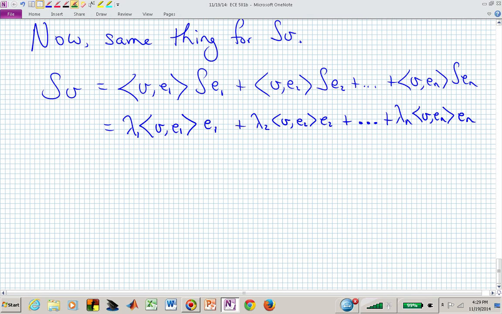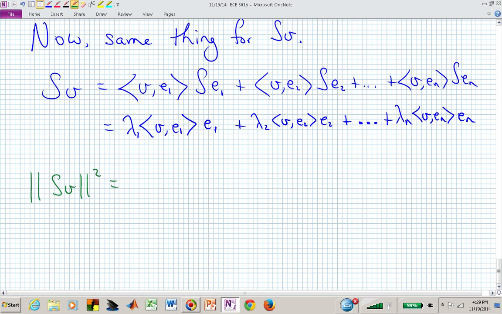If I now take the norm of SV and square it, do you see what it's going to be on the right-hand side? Now my coefficients that are scaling E1, I'm just going to take their absolute value and square it. And I'm actually going to separate that coefficient into two pieces, where the absolute value of the product is the product of absolute values.